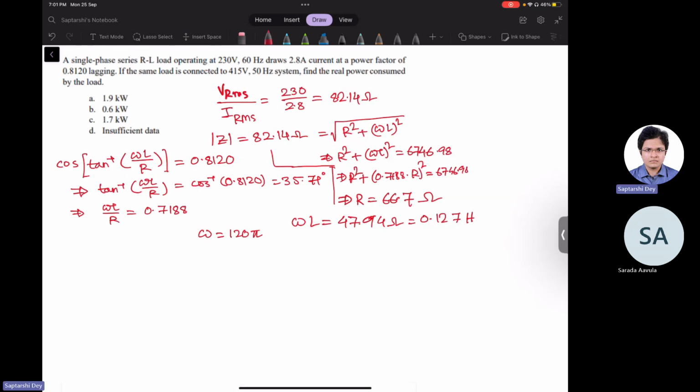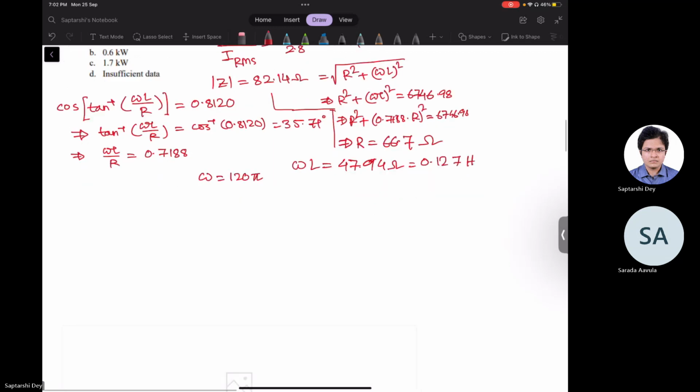Now this RL load is fed by 415 volt 50 hertz system. So now definitely omega L is not changed.